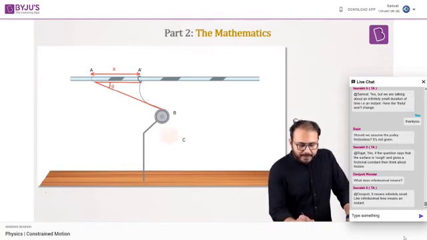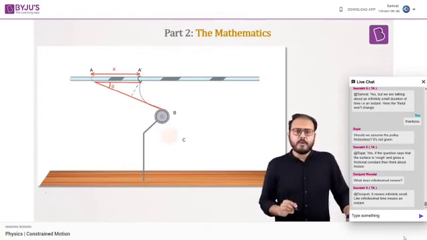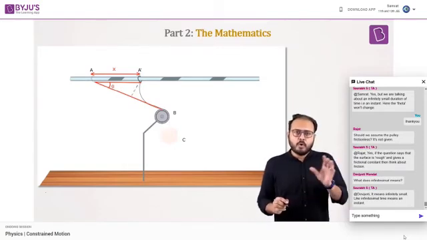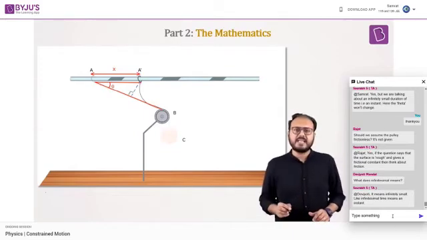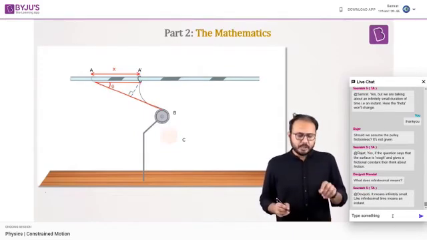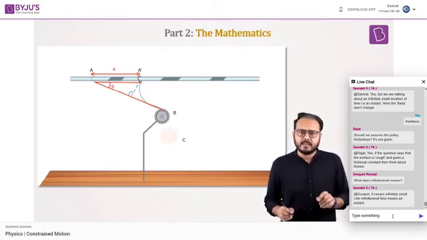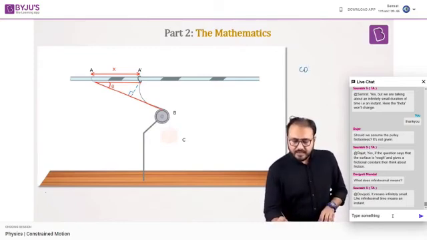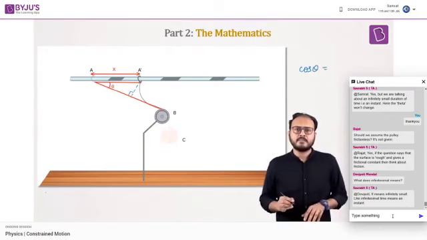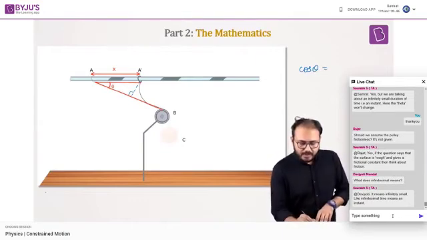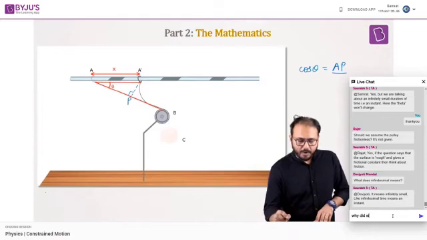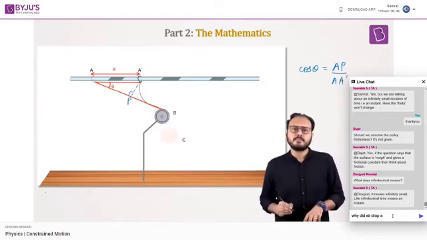If I drop a perpendicular from A dash on this old string length AB, this angle is 90 degrees because I dropped the perpendicular. You have a right angled triangle. Cos theta in a right angled triangle is the ratio of base or adjacent, let me call this point P, AP, upon the hypotenuse, which is A dash.